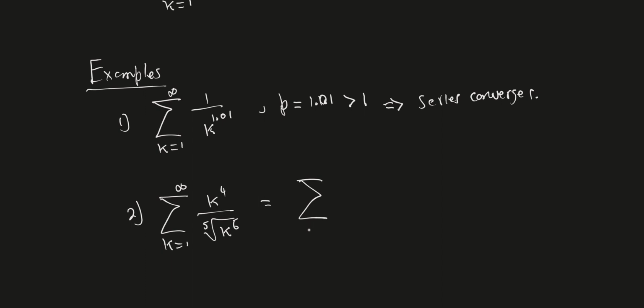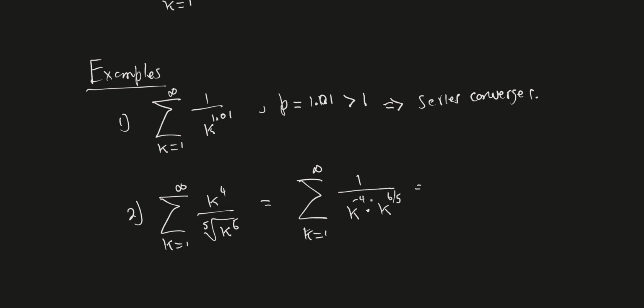So, going from 1 to infinity. Since we need to have all the k's in the denominator, I'm going to take the reciprocal of this one and write it as k to the negative 4. And then this one, let's write it as a fractional power, so this will be k to the 6/5.